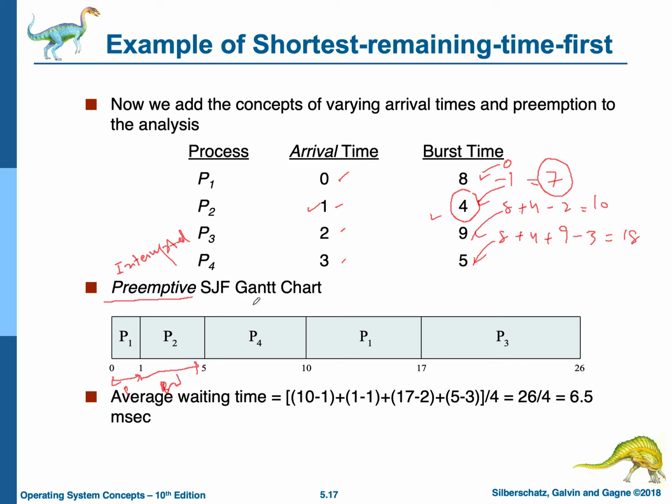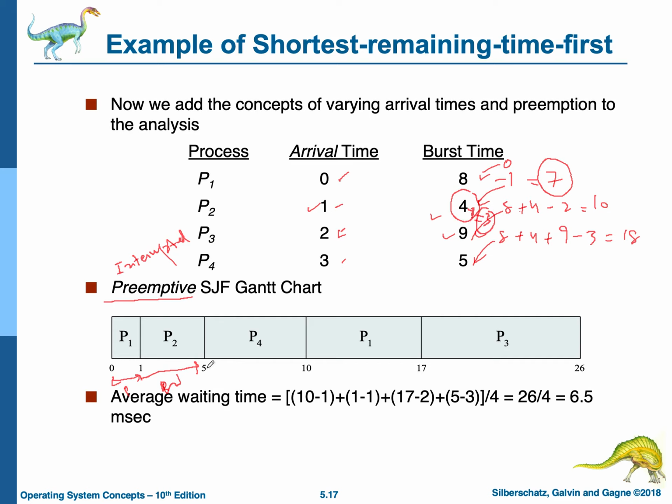When it reached second 2, another job P3 arrived, which requires 9 units of time, while P2 had already worked for 1 more second, and its remaining time to complete was 3.